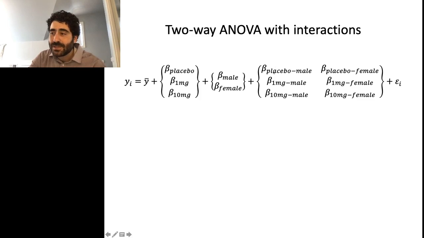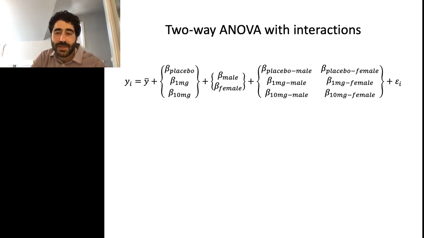So without this last term, we can have some dose-related adjustment and some gender-related one, but we can't say something about specific combinations. So maybe for this particular drug, for example, it only works if you give 10 milligrams to male subjects. Everyone else has bad outcomes.